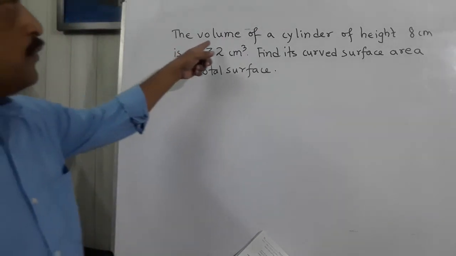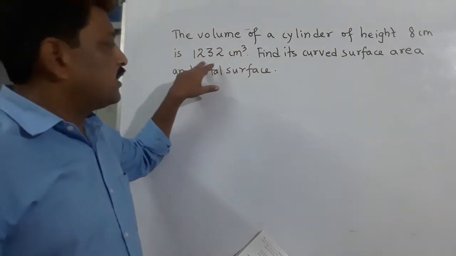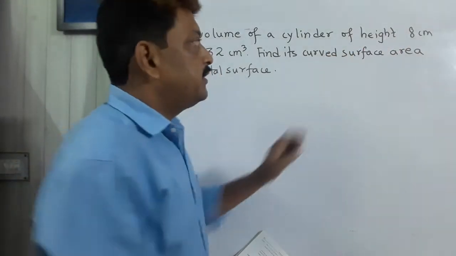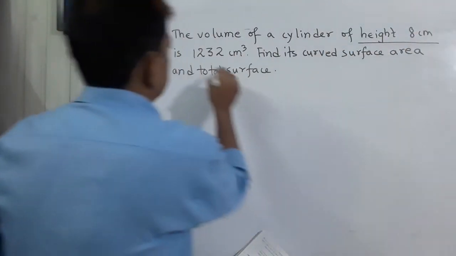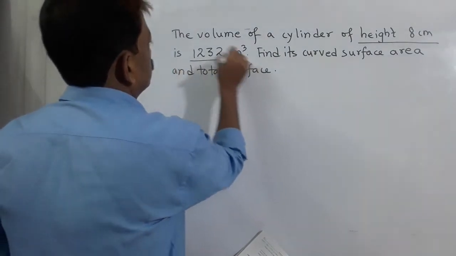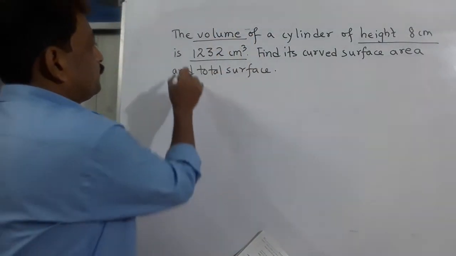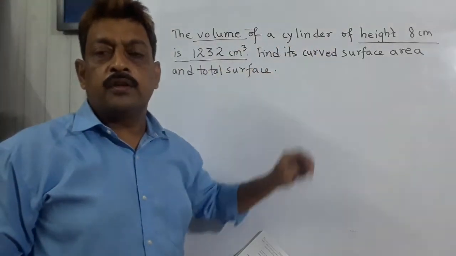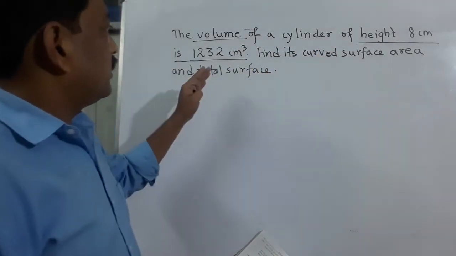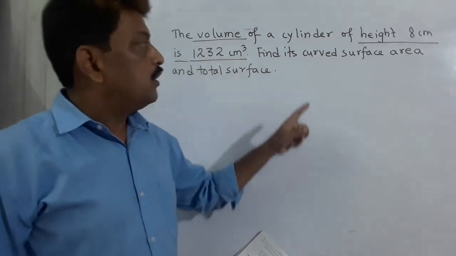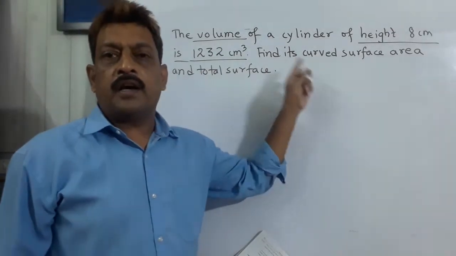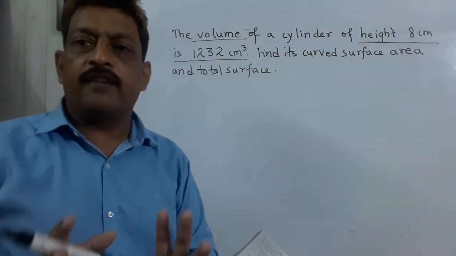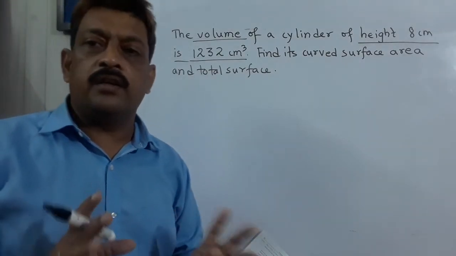Okay, so volume of the cylinder is given, 1232 centimeter cube. The height is also given, 8 centimeter. Now with the help of these two given information, we can calculate the radius of the cylinder, because to find the curved surface area as well as the total surface area, we need to have the height and the radius of the cylinder.